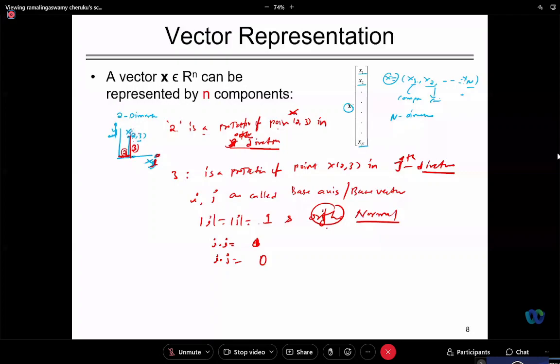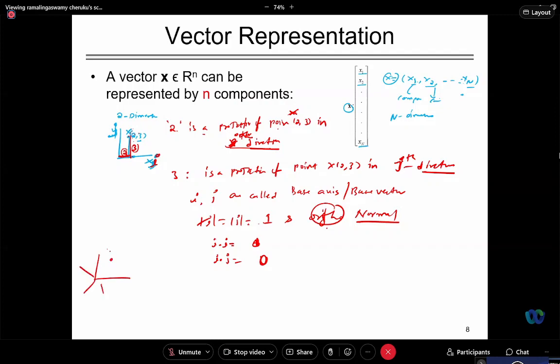These are called orthonormal basis vectors or base axes. The same analogy I am applying for n dimensions.